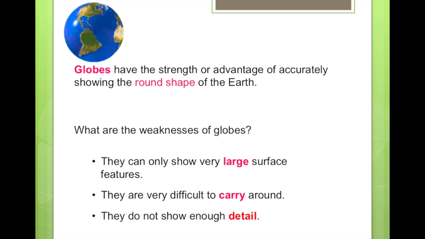Globes have the strength or advantage of accurately showing the round shape of the Earth. So the only picture that we can get of the Earth that is absolutely perfect is a globe. Now I know that you see the spinning picture in the corner and you say, but that looks pretty perfect.